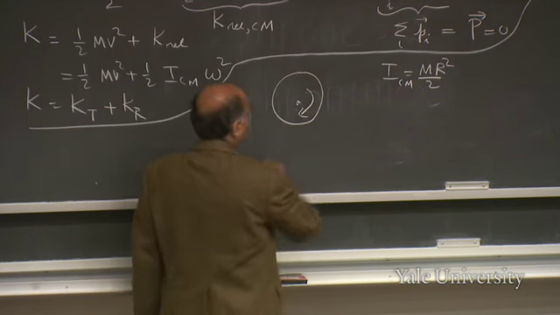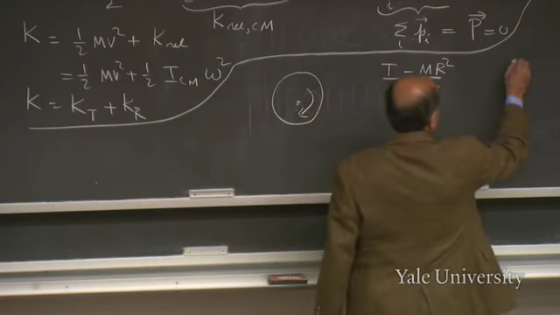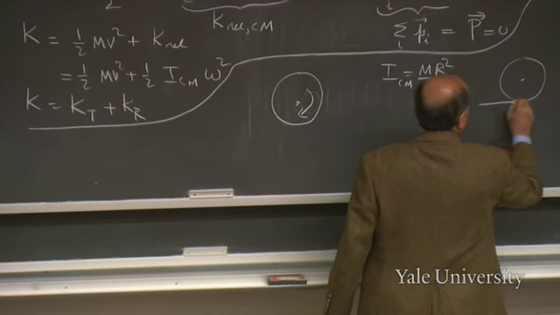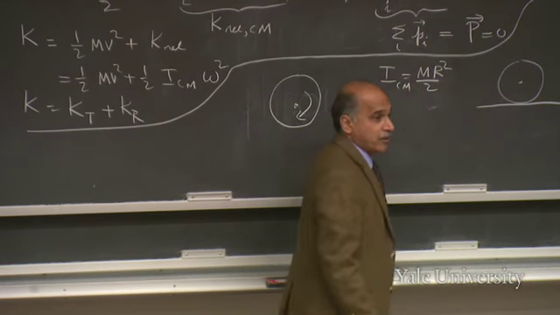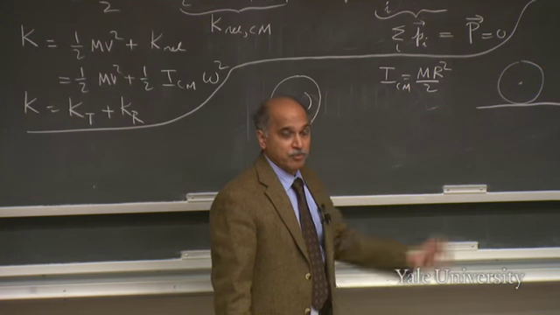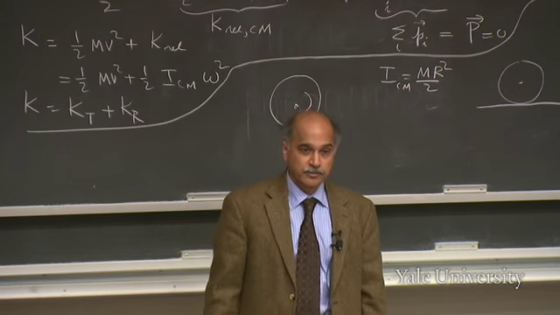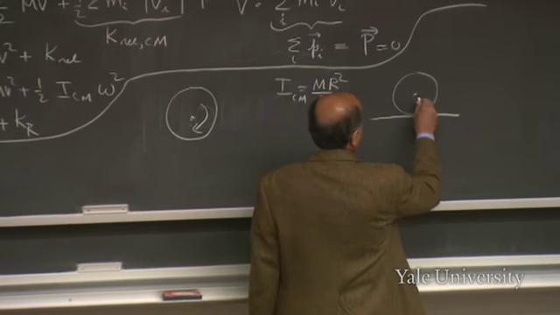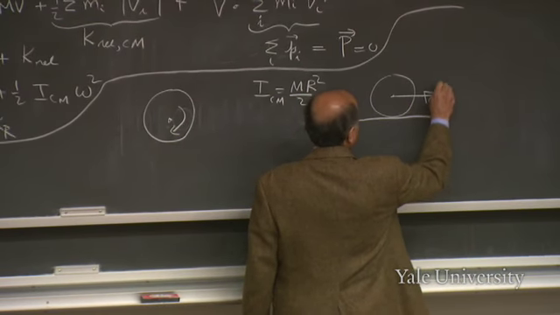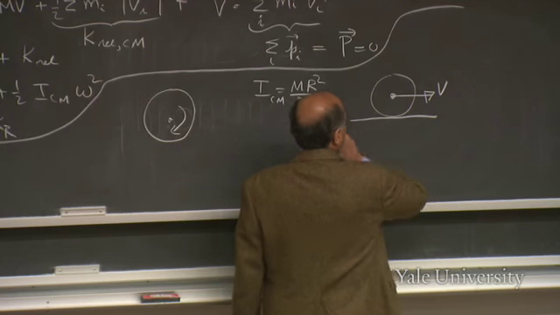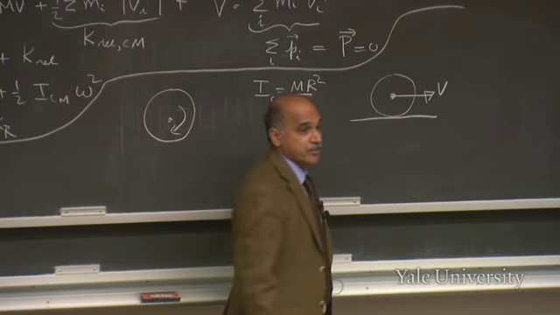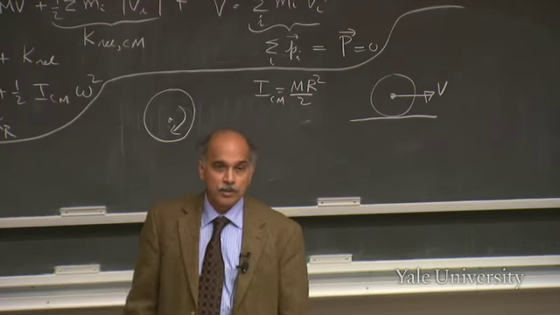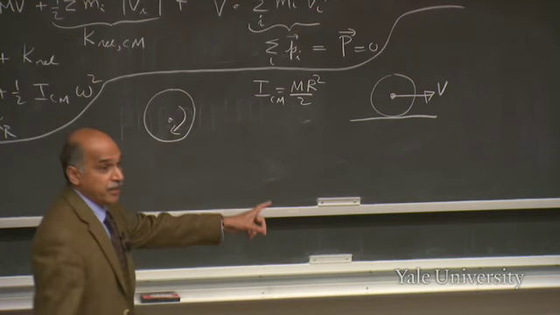But let's do something else. Let the tire hit the ground, and the car is going at, say, 50 miles an hour. Then you slam the brake, so you prevent the tire from turning. If you lock the brakes, the tire can still move with a certain velocity v, which is just the translational motion of the center of mass. So this is a car which is skidding.